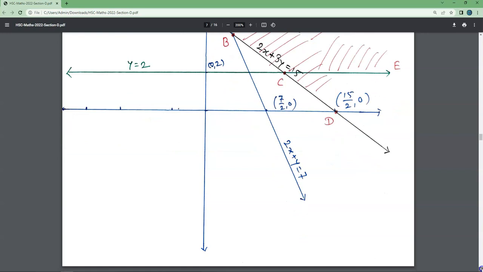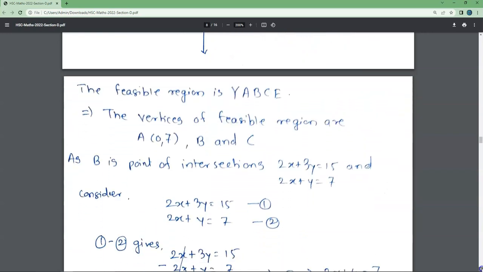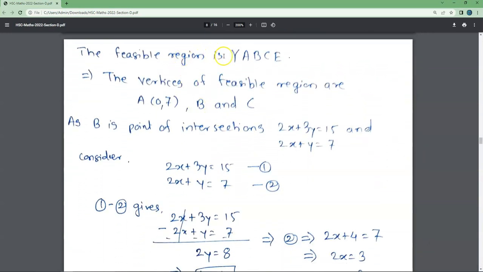Now let's see. Let's try to find out the first. So the feasible region, as I just told you, that is going to be A, B, C, E. So we know A, we need to find out the B and C. So the vertices of a feasible region are A, 0, 7, B and C, which we don't know. As B is the point of intersection of these two, let's solve these two now.